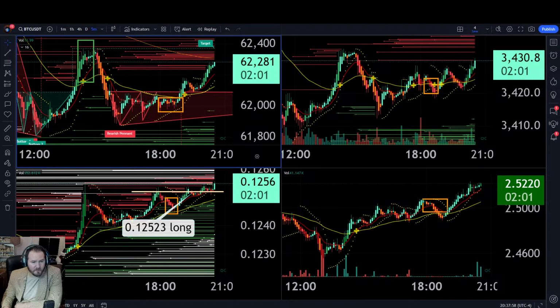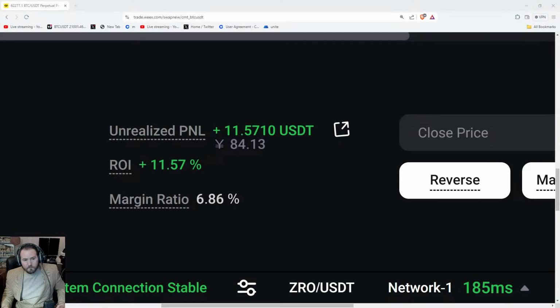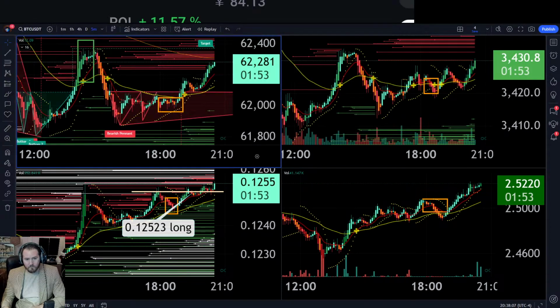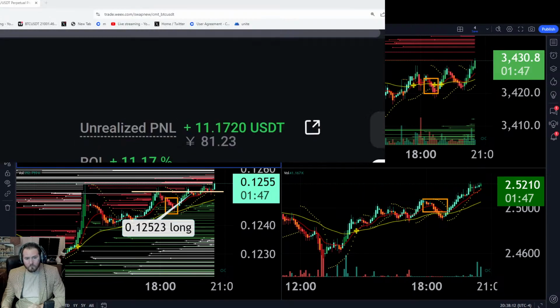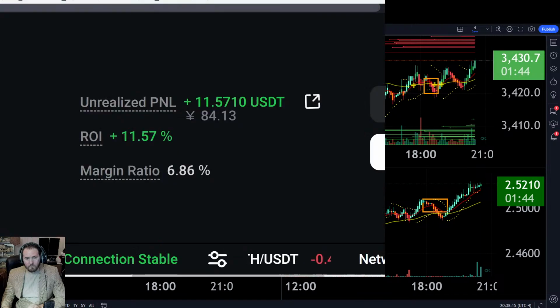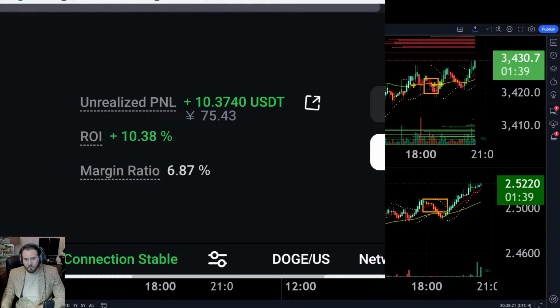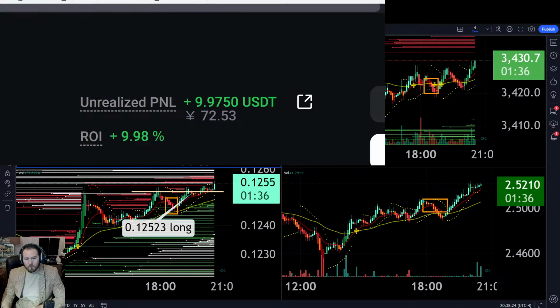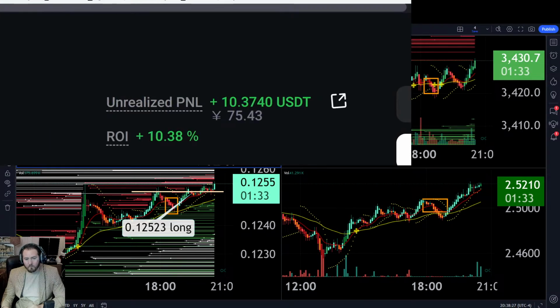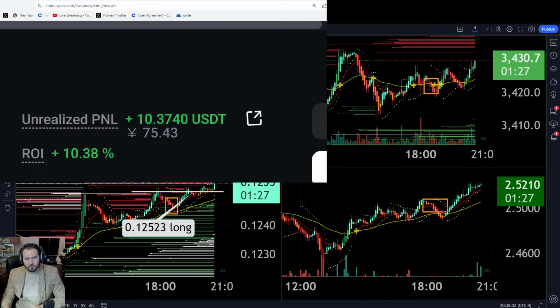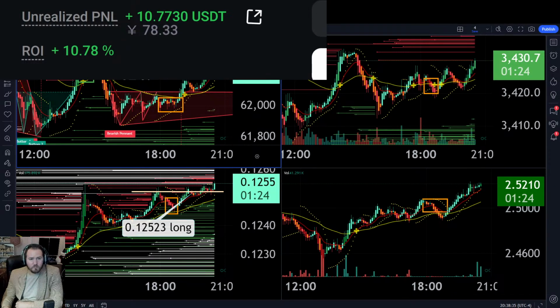And we're going to try to make this zoomed in here as well. I'm just trying to organize this so we can see it on the chart. Oh, this is perfect. So now we're able to watch this trade while we're in it as well.